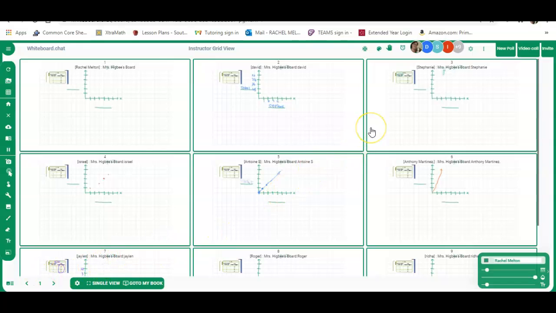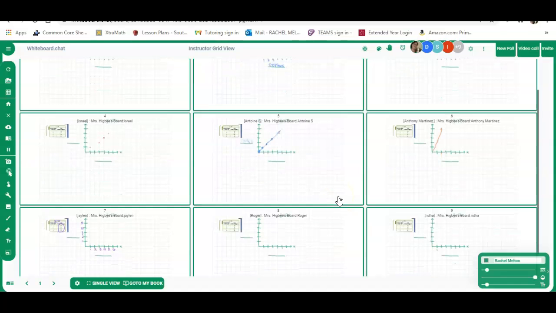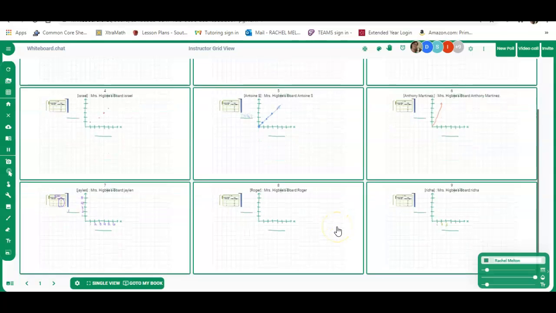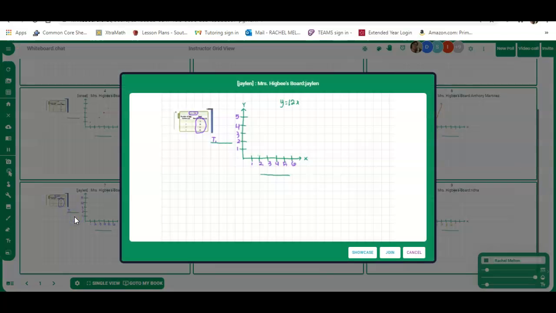Some of you have made a good start. I see some labels. Some of you jumped right to the graphing, but don't forget to put your labels in there because you need that too. I'm going to give us about 5 more minutes on this one. Jalen, good job with your intervals, except think about your y-axis.